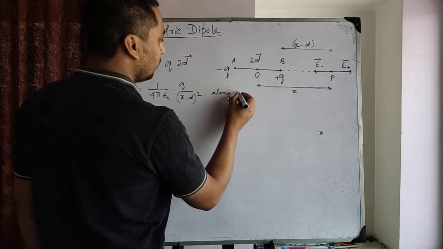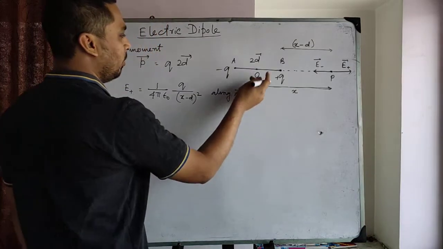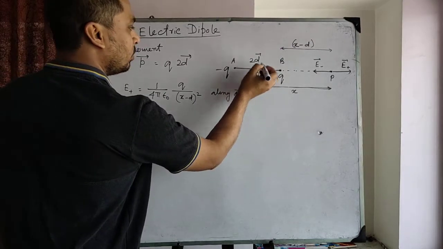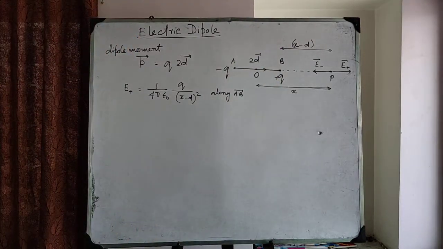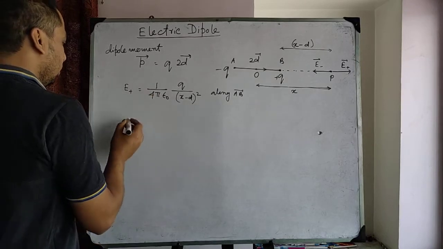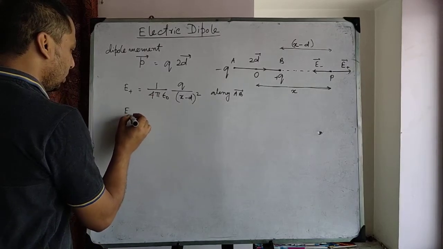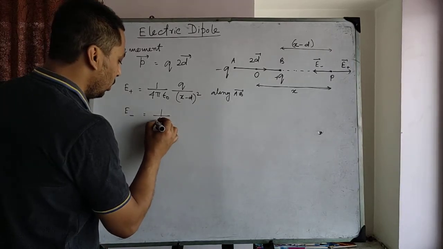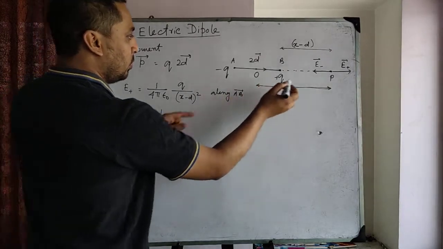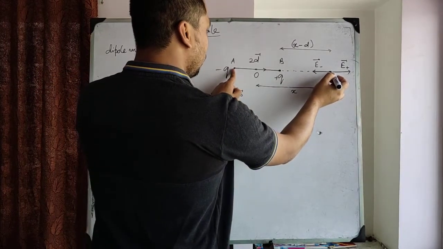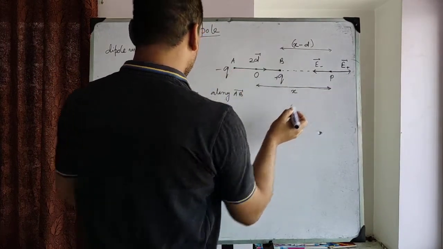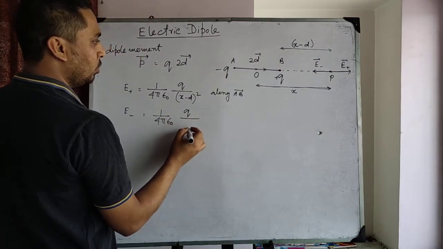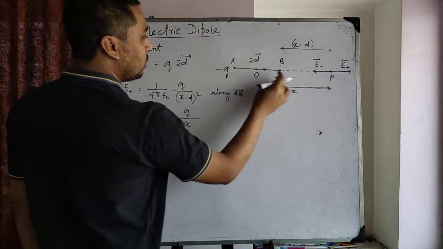along AB, that means along the dipole moment. This is the direction of the dipole moment. Now, what is the magnitude of E minus? It is 1 by 4 pi epsilon naught, q into 1 divided by the distance.